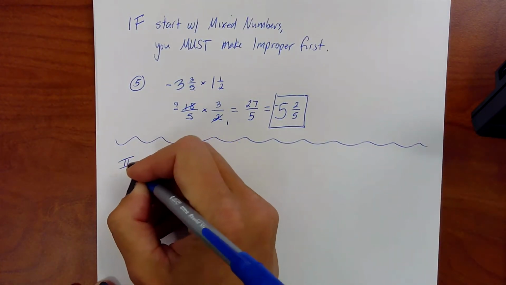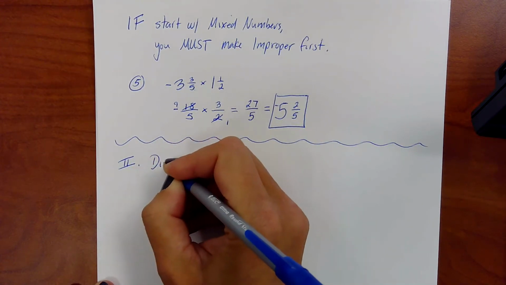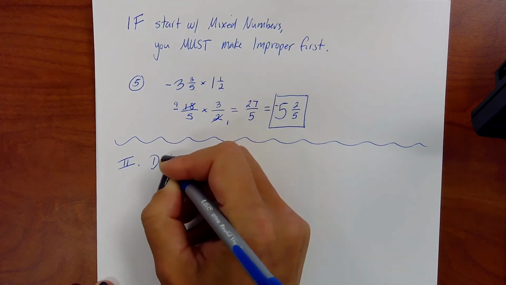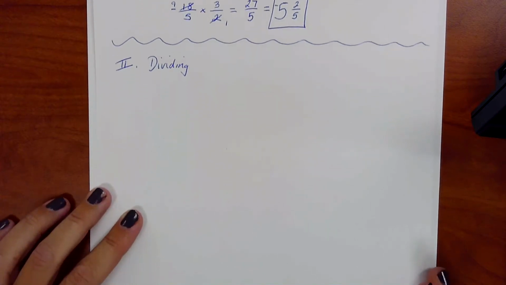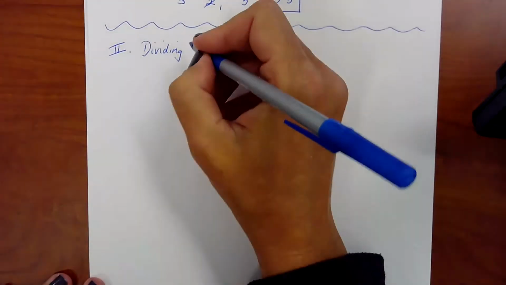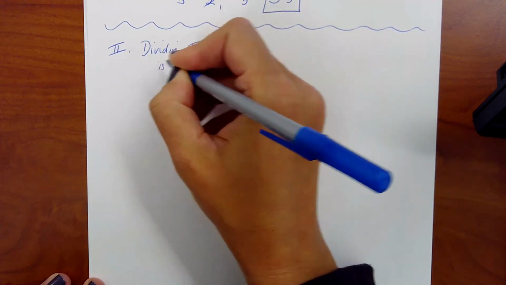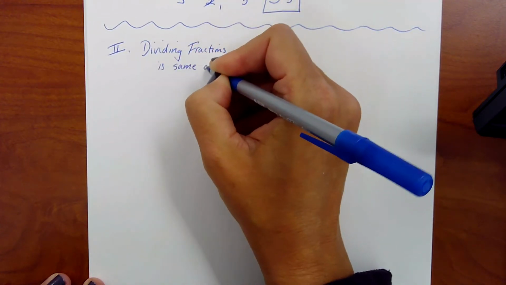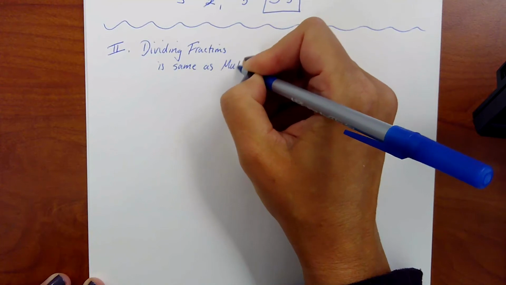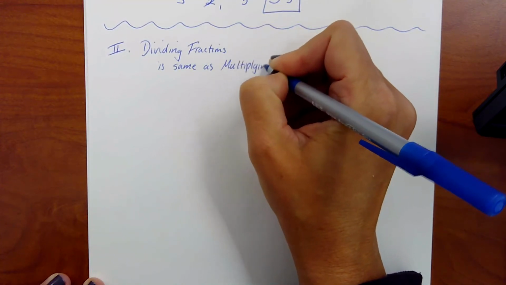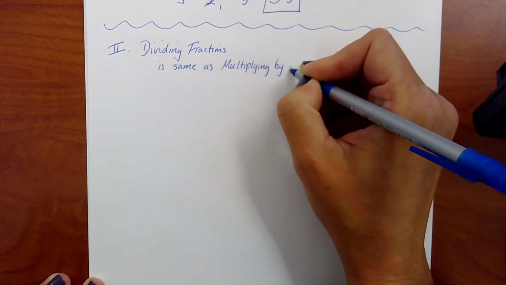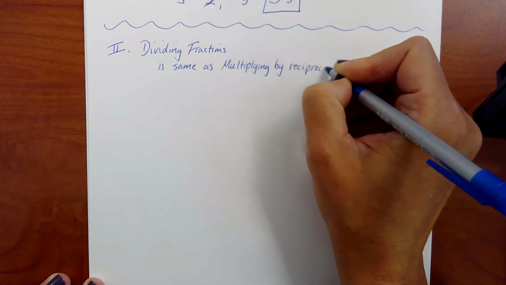Now let's talk about dividing. Now, dividing fractions is the same as multiplying by the reciprocal.